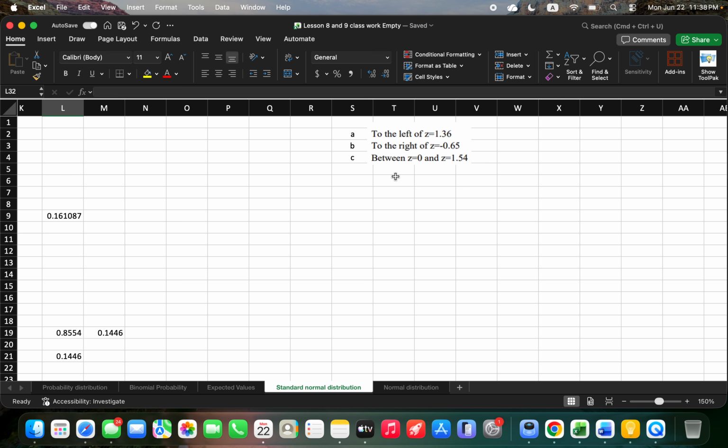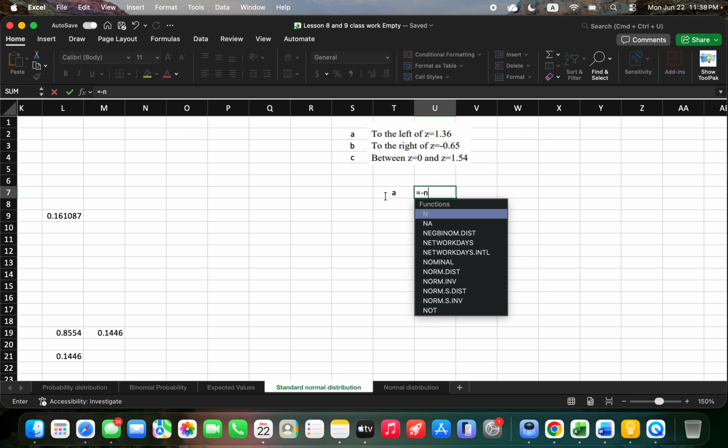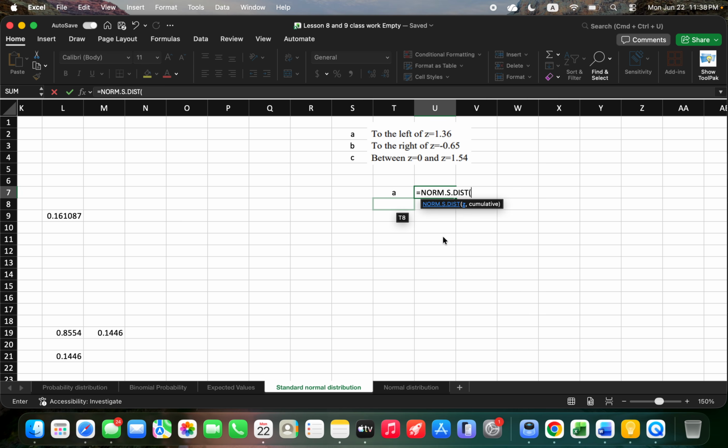Left means it is already the shaded area from the left side to the z-score, so you just find it. So for case A, you do equal to norm dot standard distribution and then 1.36 comma true. Then that should be the answer for A.